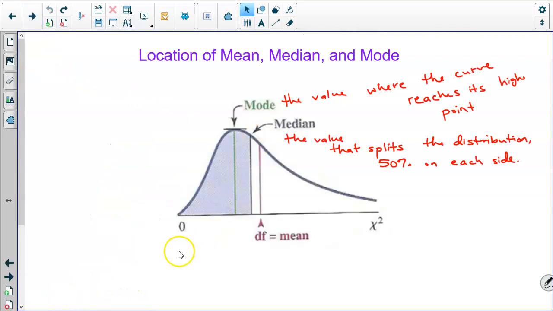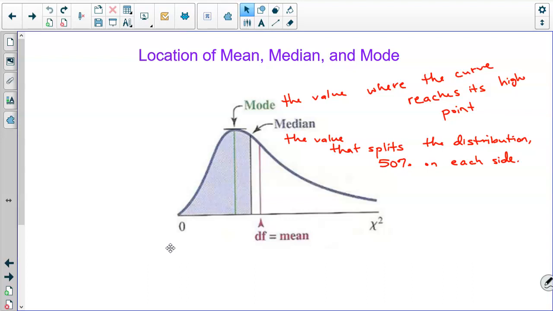All right, so I wanted to show you this because we have talked about how on the normal curve, your mean, your median, and your mode are about in the same location. Do you remember that? On the normal curve, your mean, median, and mode are all kind of in the center right there. Well, when it's the chi-square distribution, your mode is still the most occurring, so it's going to be that highest point. But then your median, that's the value that splits it 50-50 on each side, so depending on how skewed it is, that might be close to the left or the right.